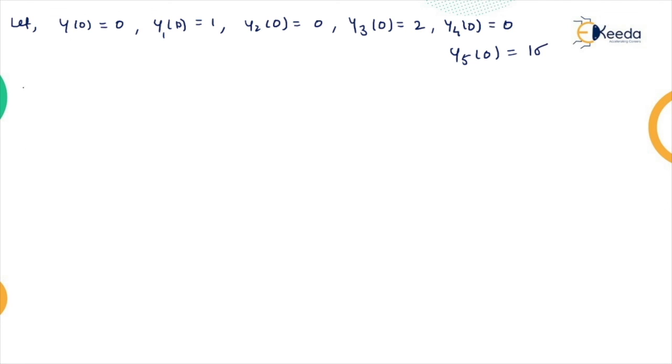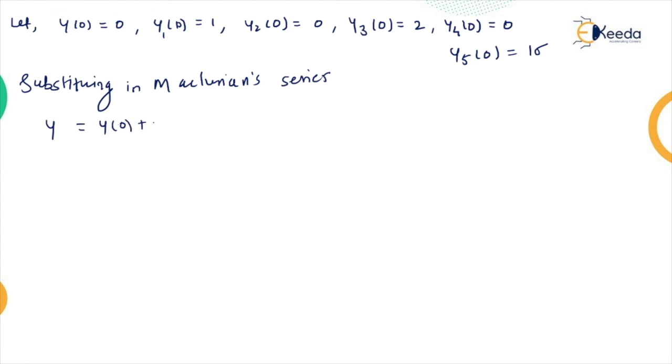So substituting in the Maclaurin series, you know that y is equal to y of 0 plus x into y1 of 0 plus x square divided by 2 factorial into y2 of 0 plus x cube divided by 3 factorial into y3 of 0, plus and so on.